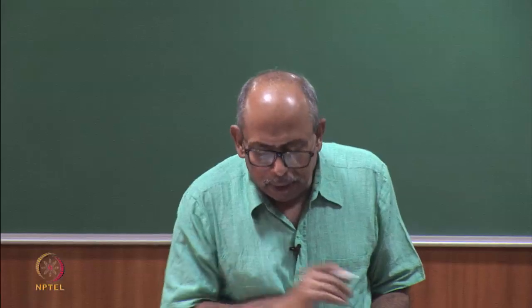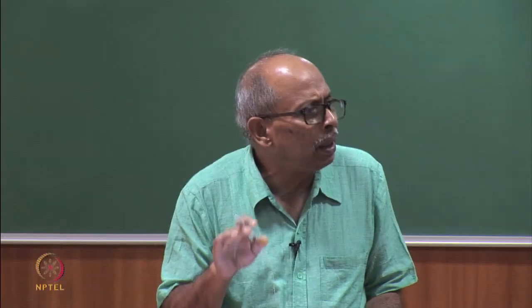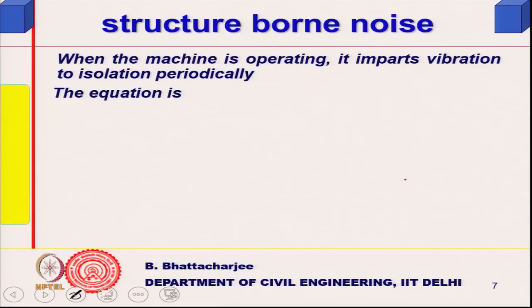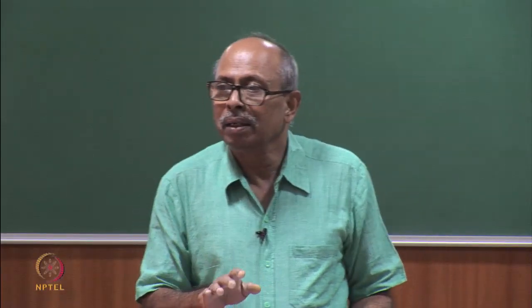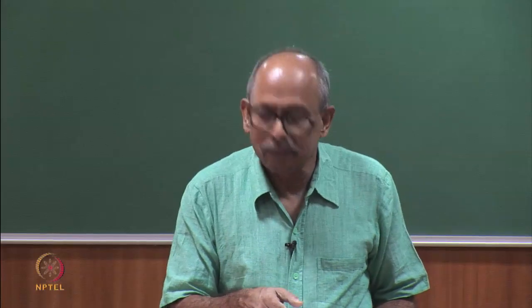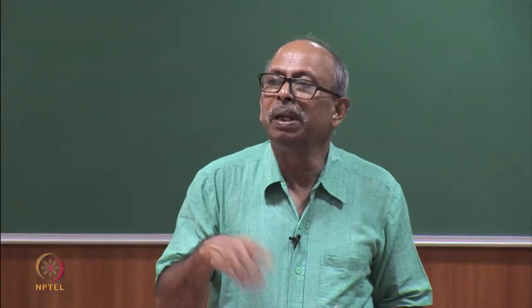So, when the machine is operating, it imparts a force f 0 sin omega t, a forcing function, right. It imparts vibration to the isolation periodically. So, then the equation becomes f 0 sin omega t, where omega is the periodicity of the machine vibration. Now, if omega is the same as my natural frequency of the system, it will simply amplify it.